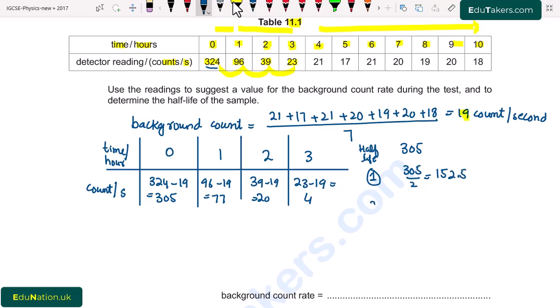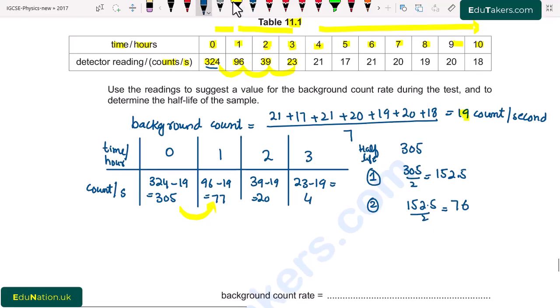Again, when 2 half-lives pass, half of this value decays. So it becomes 76. So we can see here that when 2 half-lives pass, count rate is 77, which is approximately equal to 76.